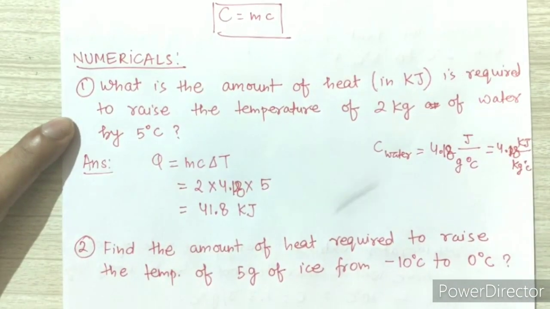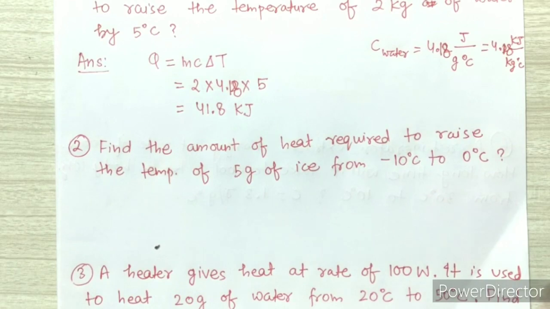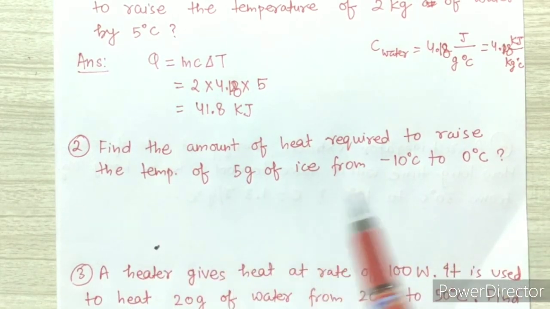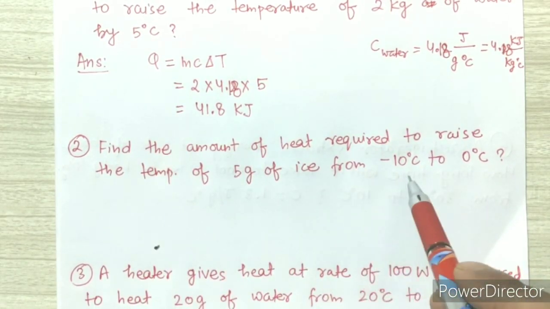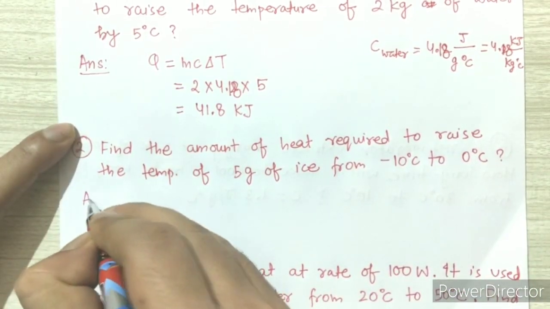Now see the second question. They are asking to find the amount of heat required to raise the temperature of 5 gram of ice from minus 10 degrees Celsius to 0 degrees Celsius. So let's solve.